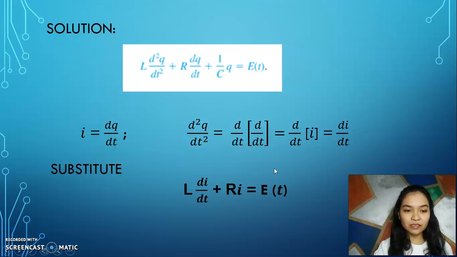And then 1 over C Q will be cancelled out since there is no capacitance. Then this will yield L di over dt plus Ri is equal to E sub t. And then this will be our differential equation in problem number 1.